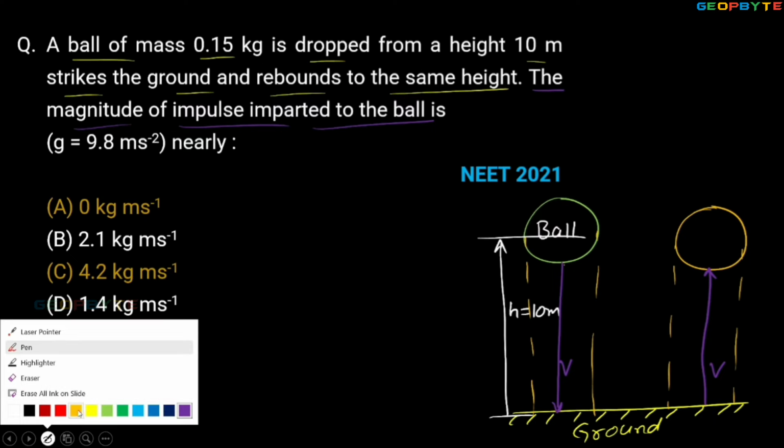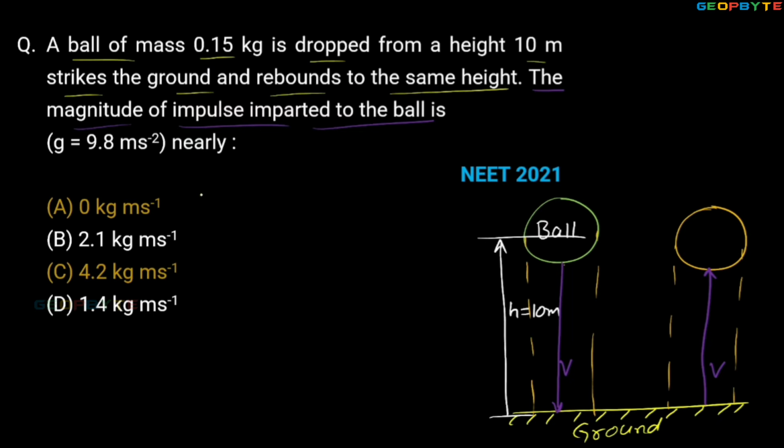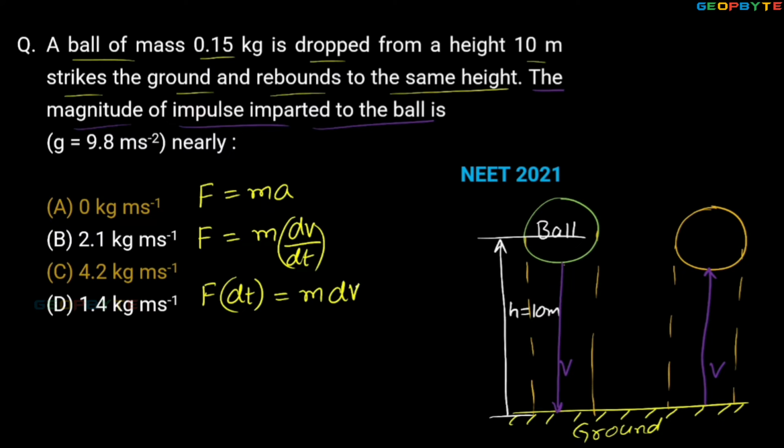First, let me decide the meaning of impulse. As you know, force F equals mass times acceleration, which is m dV by dt. From this, force multiplied by dt is equal to mass times dV.